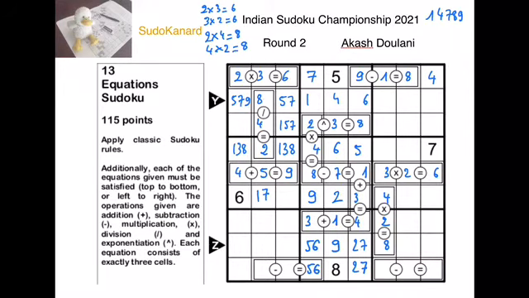So the options, we have 6 minus 1 equals 5. We could have 7 minus 1 equals 6, but not 7 minus 2 equals 5 because of this. Or it could be a 9 with 3 or 4 here. Let's say 9 minus 3 equals 6, or 9 minus 4 equals 5. So not a lot of restrictions here.